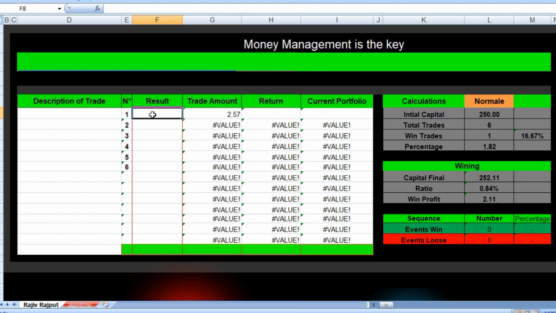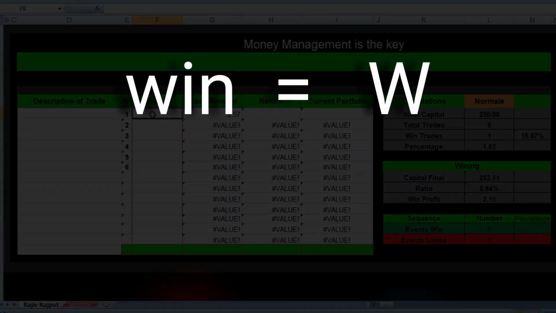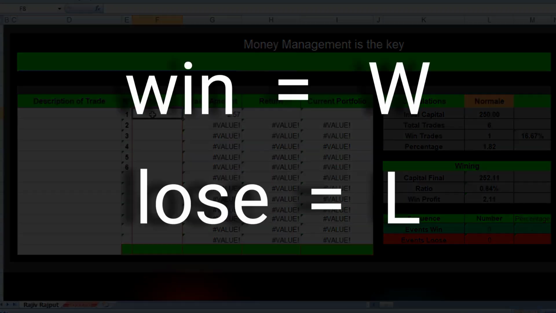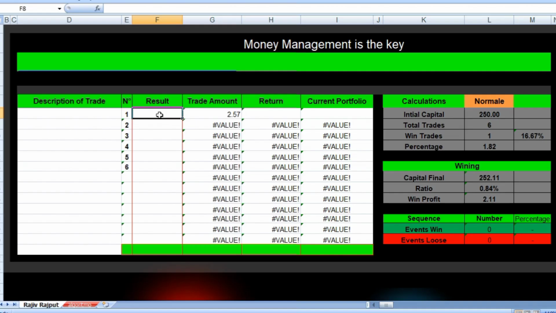So let's suppose if I win the trade, I have to fill the capital W and press the enter key. And if I lose the trade, then I have to fill the capital L and press the enter key. So just fill the W and press the enter key, and when you fill your result, immediately the money management sheet will suggest the amount of your next trade according to your martingale steps.